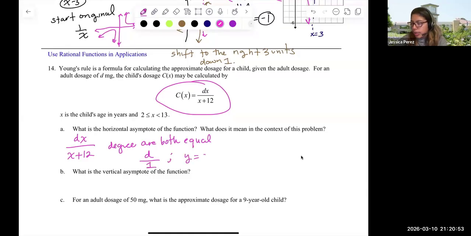At y is equal to D, that means that the child dosage will approach the adult dosage, but never exactly the same.